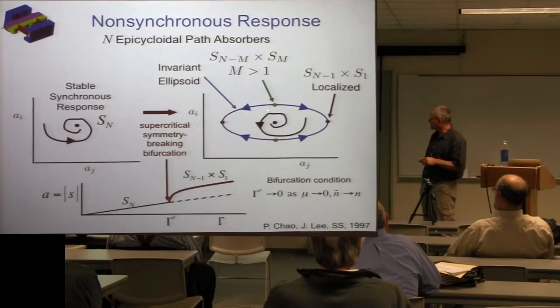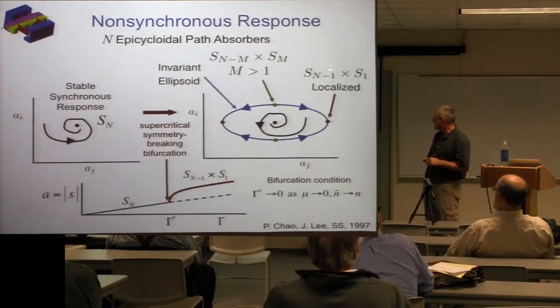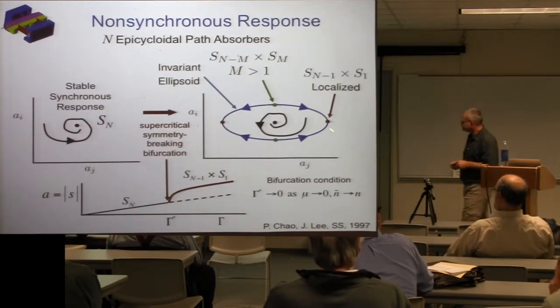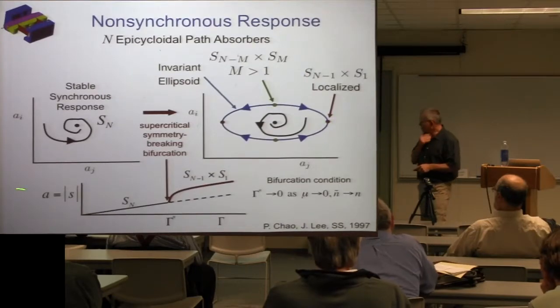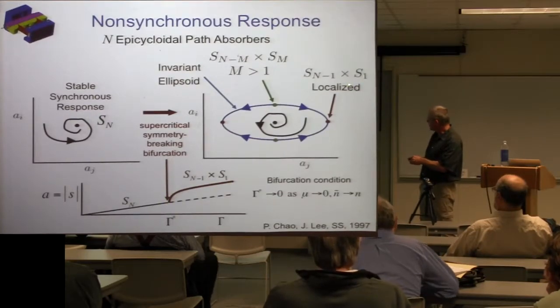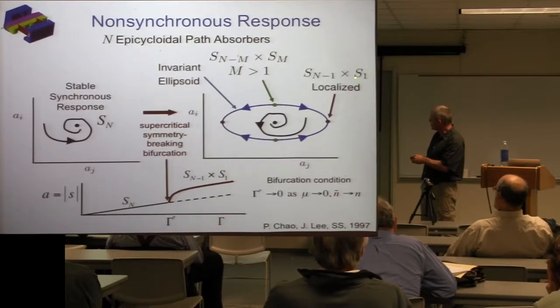And it turns out that you can examine the stability near the bifurcation point, and the only one that is stable is the one where you have one absorber doing its own thing and the other n-1 mutually synchronous. That's the only one that's stable. And so what you see is the absorber amplitude, as you drive the torque level up, it goes unstable, it throws off this solution branch, and this absorber's amplitude starts to grow very rapidly.